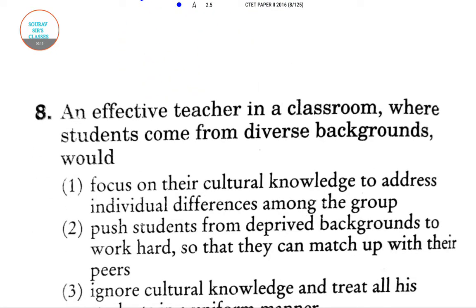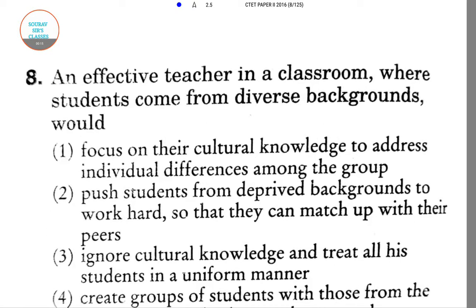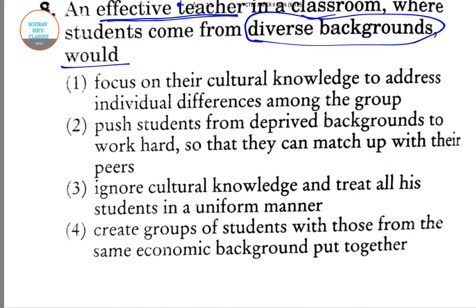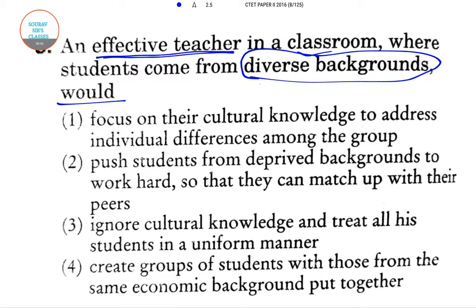Here is our first question. An effective teacher in a classroom where students come from diverse backgrounds would, and here four options are given and we have to pick any one option.